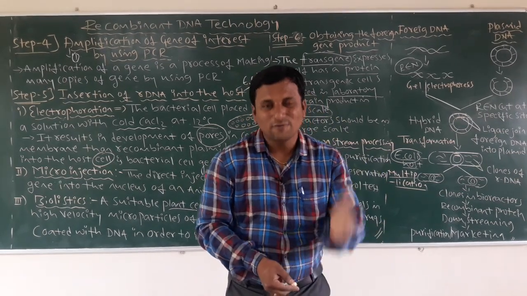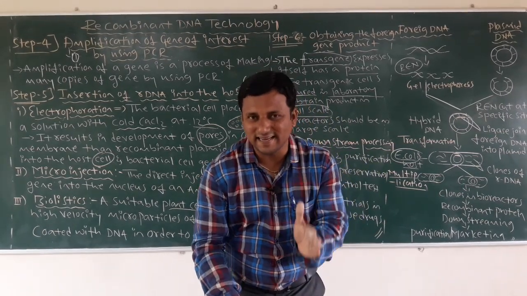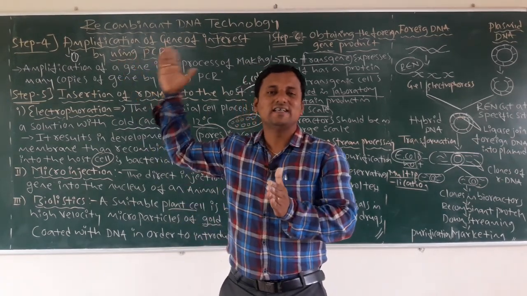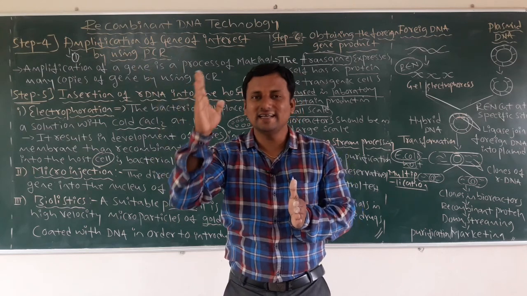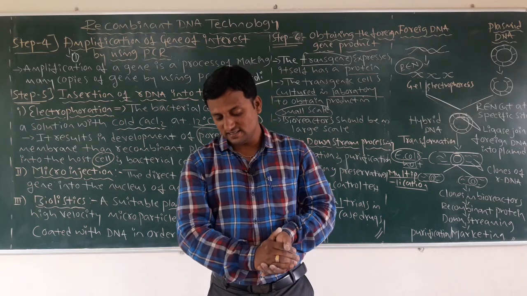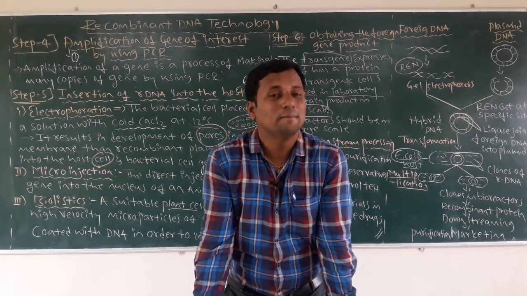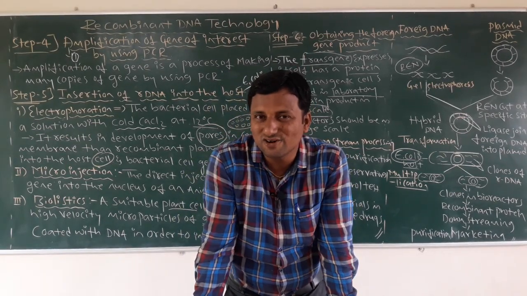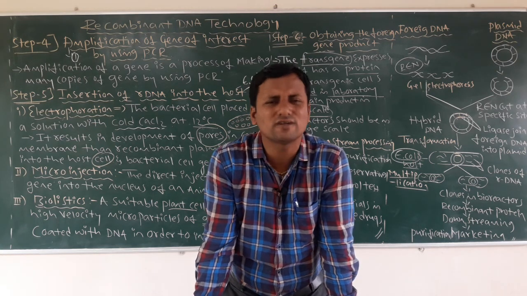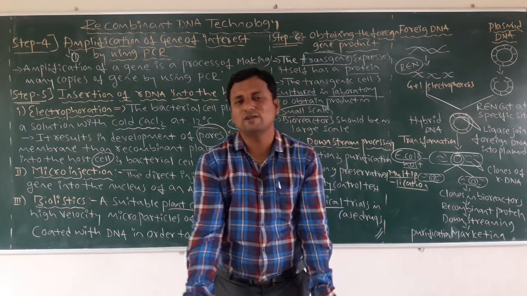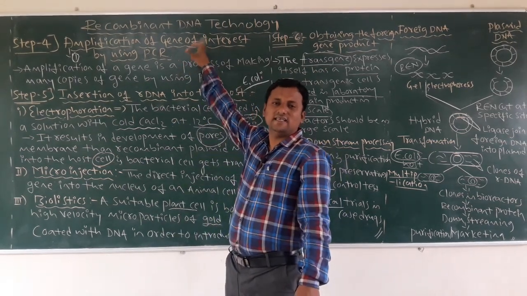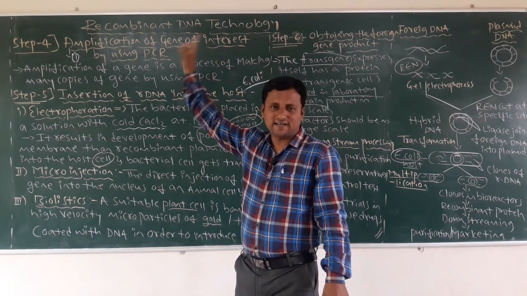Like this, we are going to obtain a new product by way of recombinant DNA technology. The best example in today's generation is the BT cotton and BT brinjal you are using. Almost all products made through biotechnological ways are formed through this process only, which is called recombinant DNA technology.